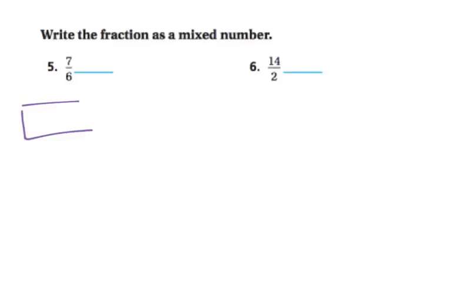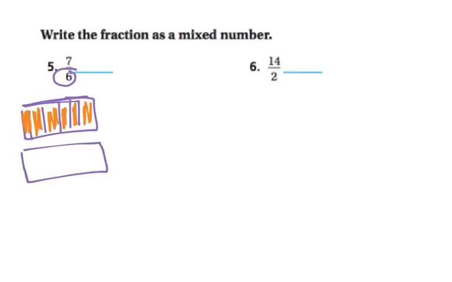Okay, I am going to draw a visual first. Now I'll just do a little box, and my box is going to be divided into sixths. Why did I do sixths? Because that's my denominator. Okay, so I have 1 sixth, 2 sixths, 3 sixths, 4 sixths, 5 sixths, and 6 sixths, and I still have another sixth.